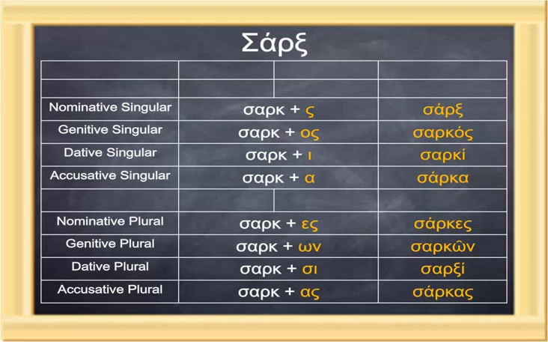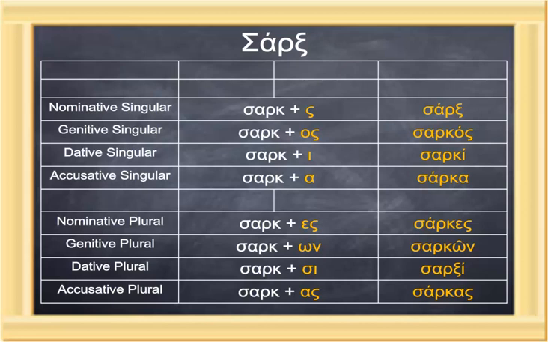Lastly, the accusative plural is sarkas, where an alpha sigma is added to the stem. So we have the full declension of sarx. Sarx, sarkos, sarki, sarka, sarkes, sarkon, sarxi, sarkas.